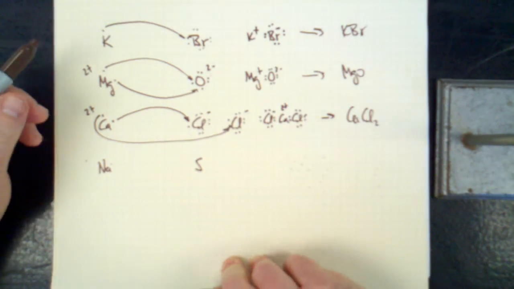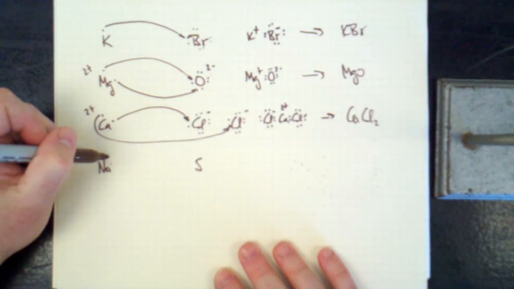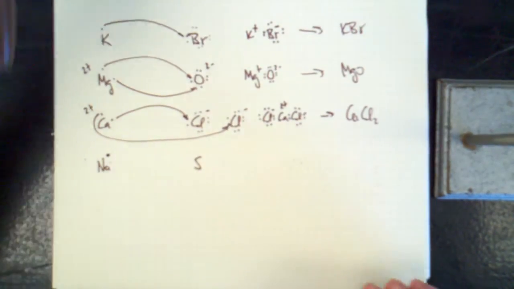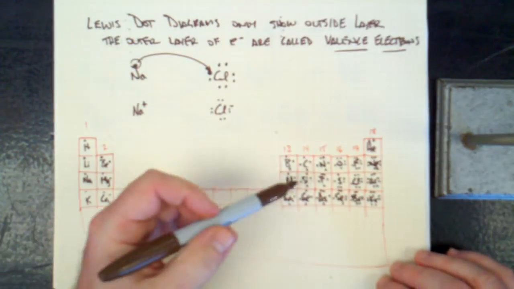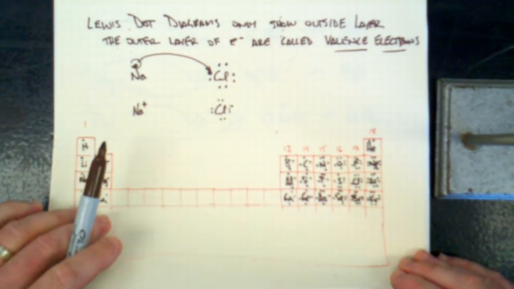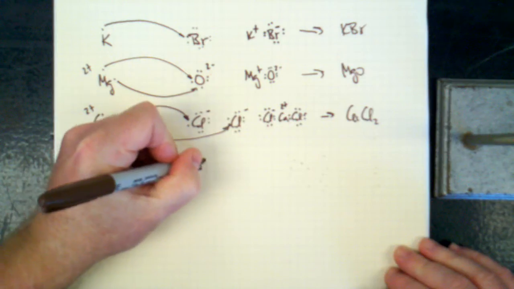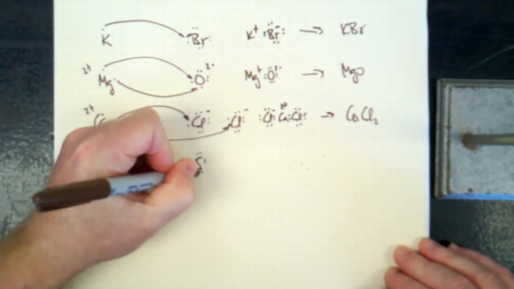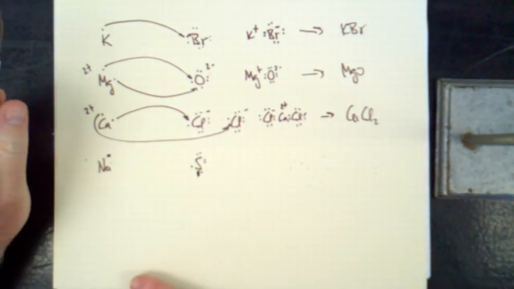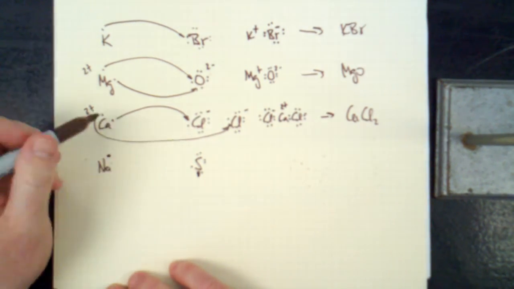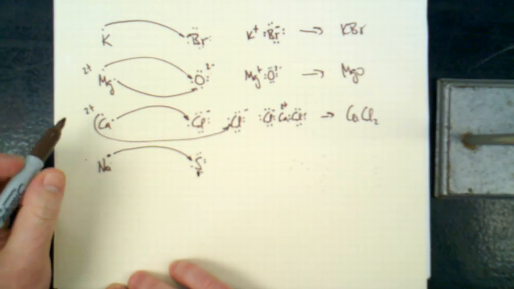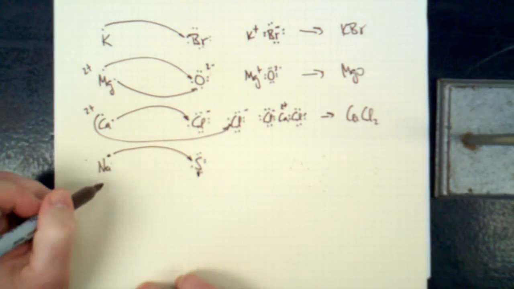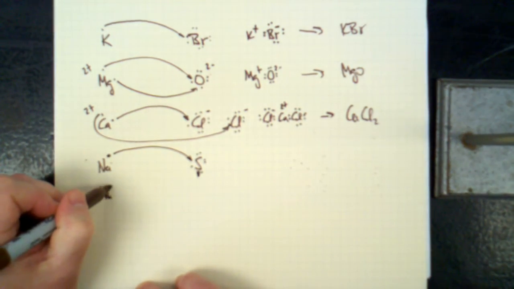Let's take a look at sodium. Sodium has 1 in it because it's in the first column here. Sulfur is over here. It's in column 16, so it's got 6. 1, 2, 3, 4, 5, 6. It can steal this electron to fill in here, but it's still missing one down there. So what we need is another sodium.